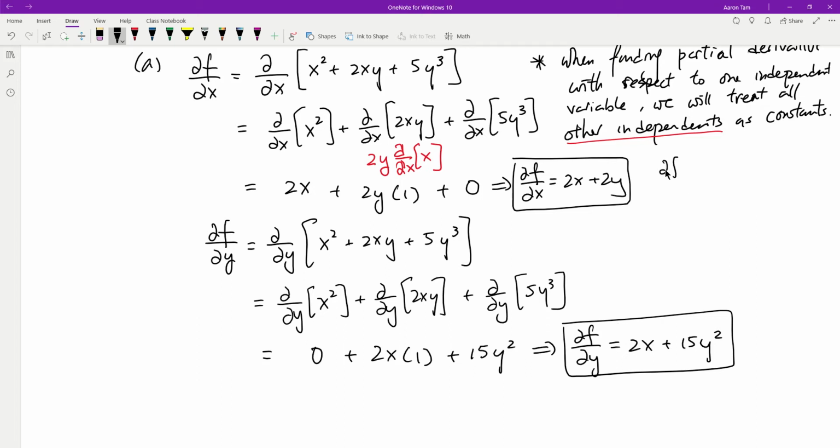I can evaluate them at (1, 2), which simply requires me to plug in 1 for x and 2 for y. So therefore this comes out to be 6. And this one, let's write here, it'll be 2 plus 60, so 62.